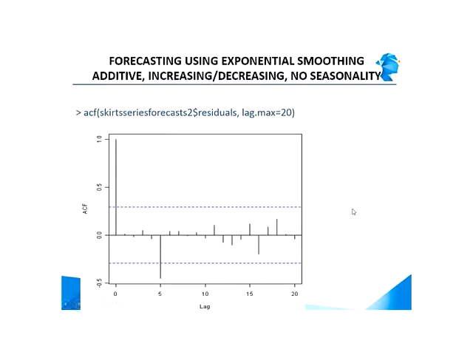So next, two things to do. First, to look at the autocorrelations of the residuals. The residuals are available in the residuals variable of the out of sample forecast vector. The vector in which we stored our out of sample forecast was skirt series forecasts 2. The $residuals variable of that vector has the residuals.